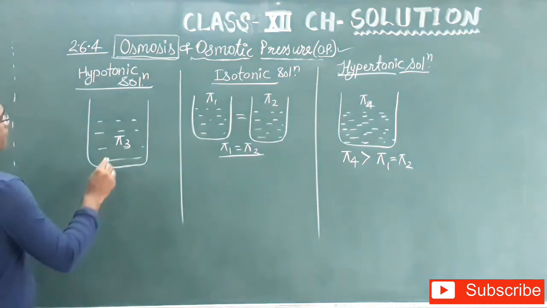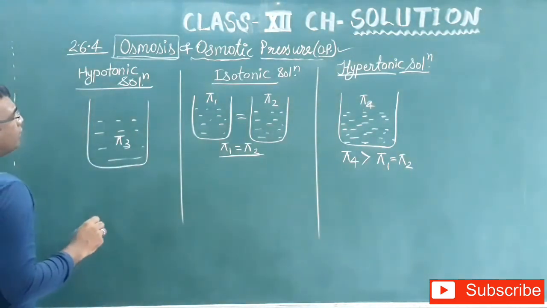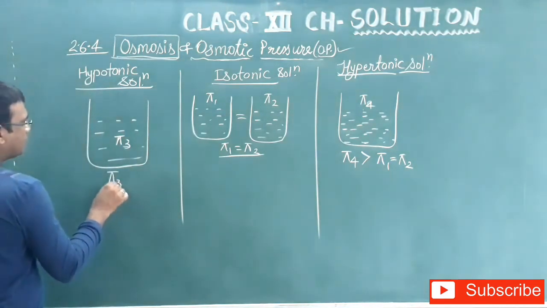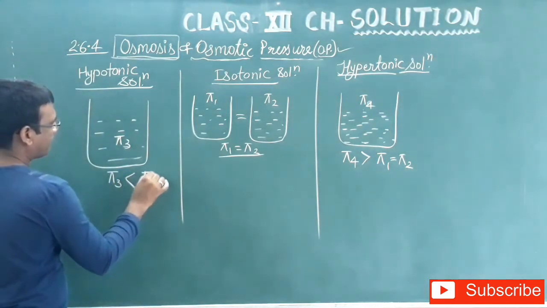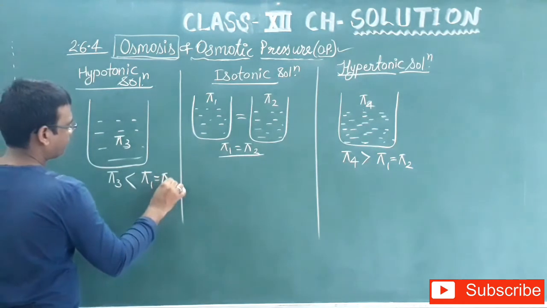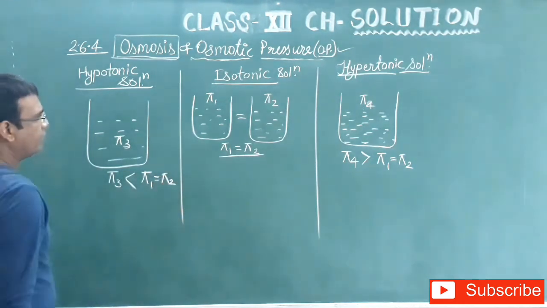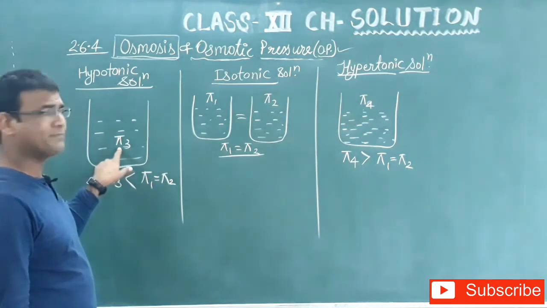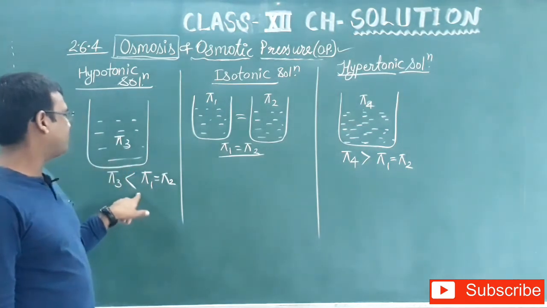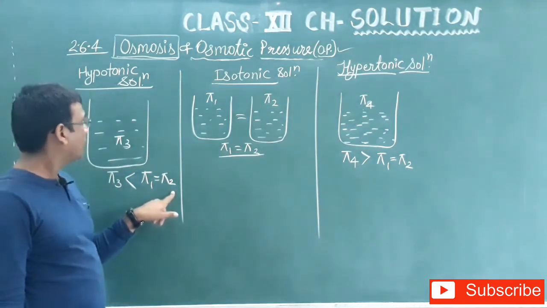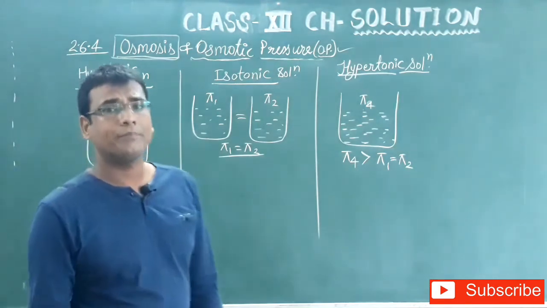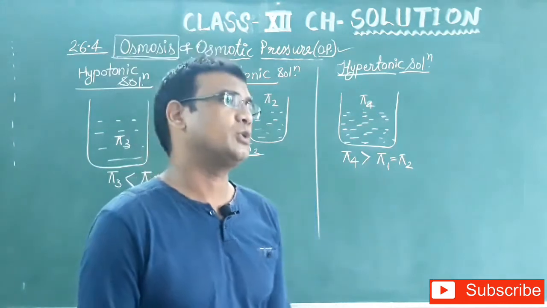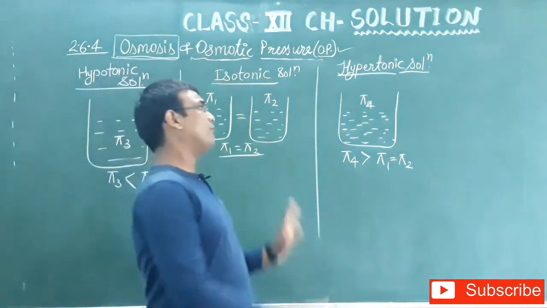And pi 3 is a hypotonic solution: if the value of pi 3 is less than that of pi 1 or pi 2, then this solution is called a hypotonic solution.